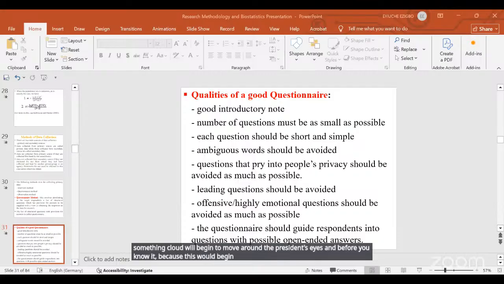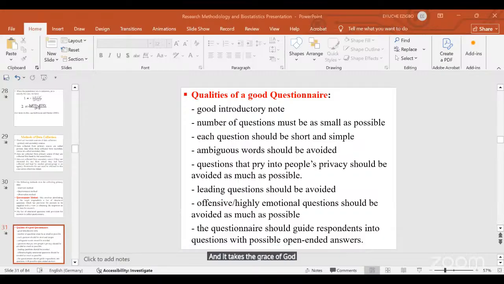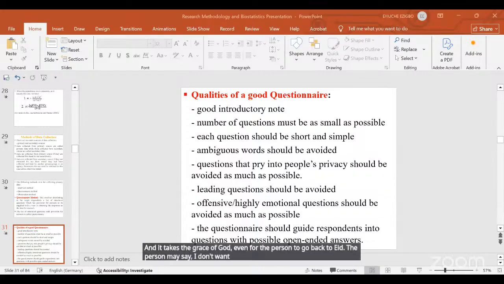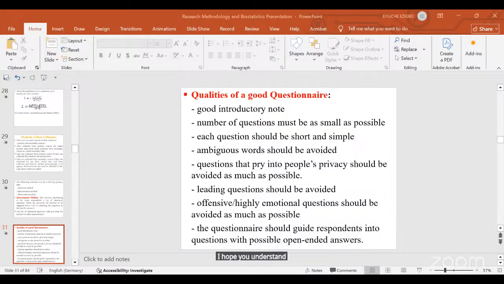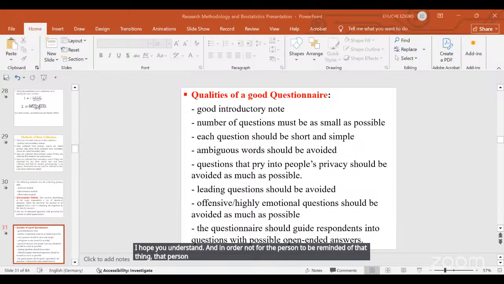Even if the person will eventually complete the questionnaire, he may not complete it on time. And it takes the grace of God even for the person to go back to it. The person may say, I don't want anything that will remind me of this thing. I hope you understand. And in order not to be reminded of that thing, that person will not go back to that questionnaire and you will never have it. So that is why we must avoid it.